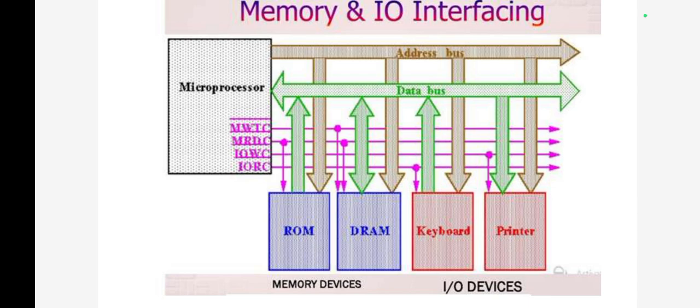Similarly, I/O devices like keyboard or printer are also connected to the microprocessor. We can see how these memory devices and I/O devices are connected to the microprocessor with the help of the data bus and address bus.